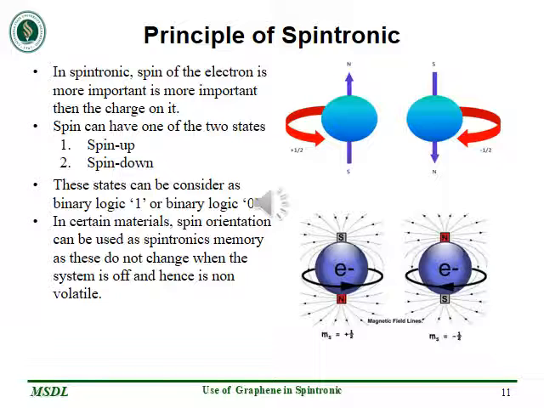These states can be considered as binary logic 1 or binary logic 0. So for example, if it is spinning on the right hand side of a curve, then it can be considered positive and the other should be negative. In certain materials, spin orientation can be used as spintronic memory, as these do not change when the system is off. Hence, non-volatile memory can be created through it.